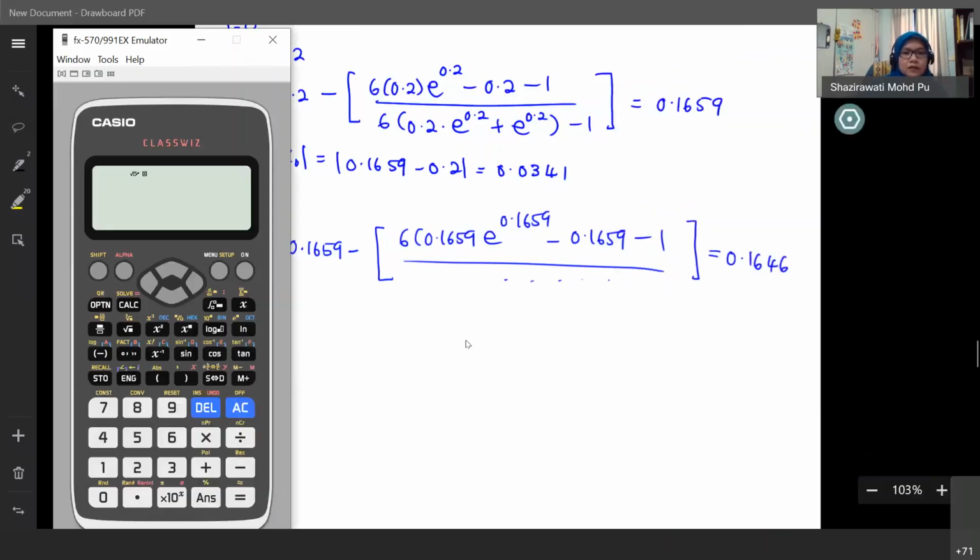So you can see only one equation is involved in the calculation of Newton-Raphson here.